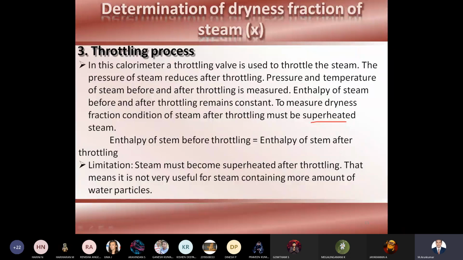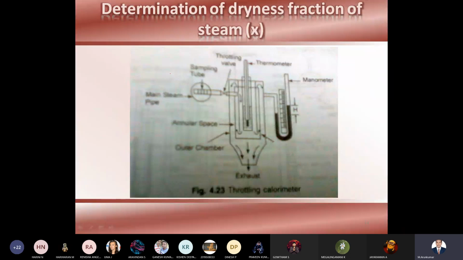That means it is not very useful for steam containing a large amount of water particles. So the X value should be above 70%. If the X value is above 70%, we can use this calorimeter to calculate X. Then this is the diagram.